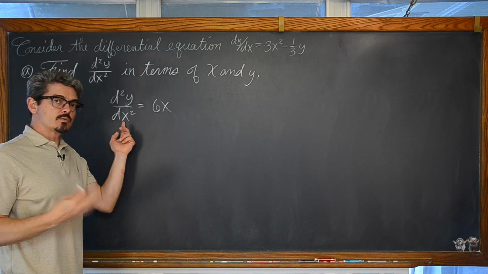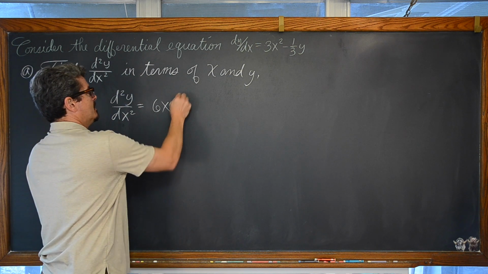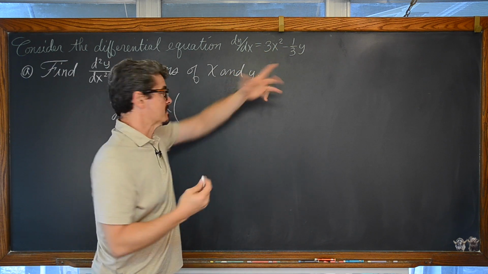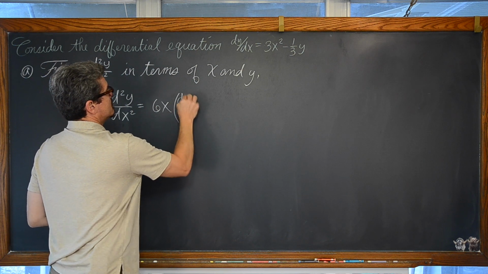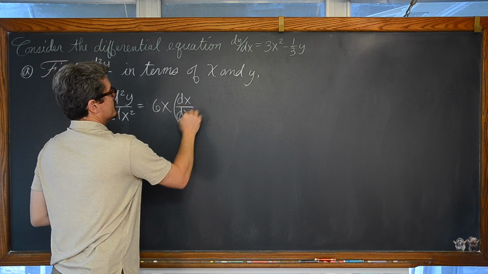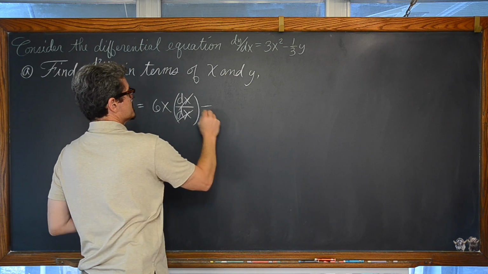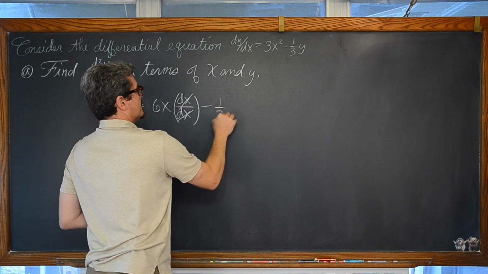Remember that we're taking a derivative with respect to x, and I'm just going to do this for teaching purposes. I'm going to finish that chain rule: inside that power of 2 we have a variable of x. So 6 times x to the first, finish the chain rule, the derivative of x with respect to x. Of course, that's going to cancel out. But on the second term here, we're going to bring that power of 1 down and have negative 1/3.